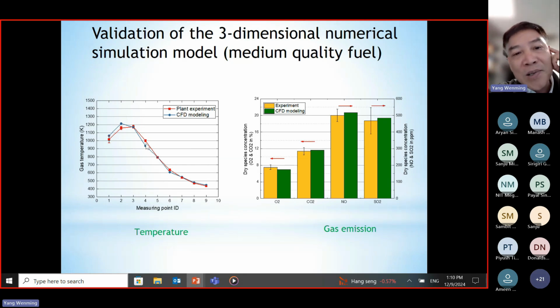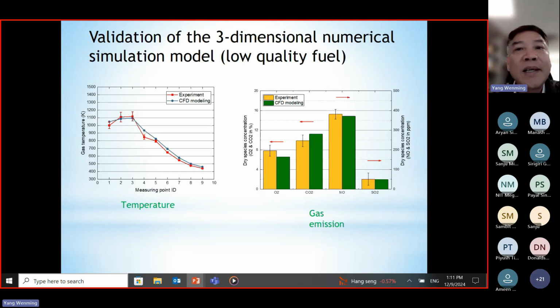Again, this one is the comparison of the temperature between the simulation results and the experimental results. The red one is the major emissions comparison. So again, we can say the simulation results are very close to the experimental results.